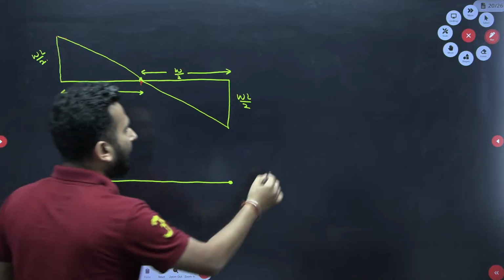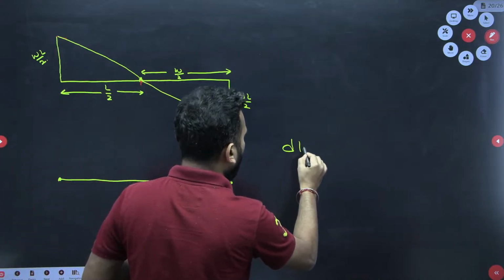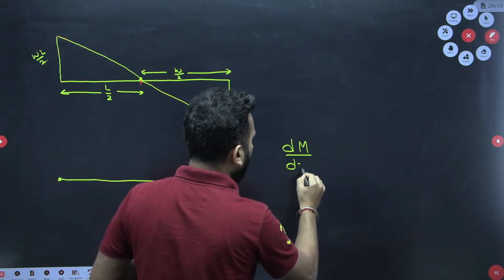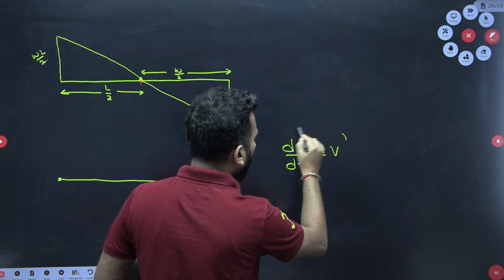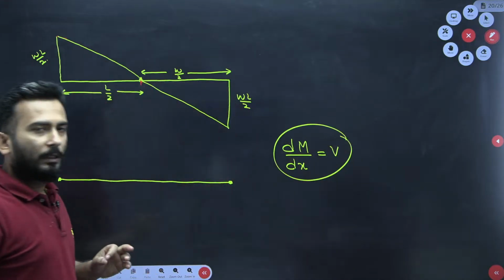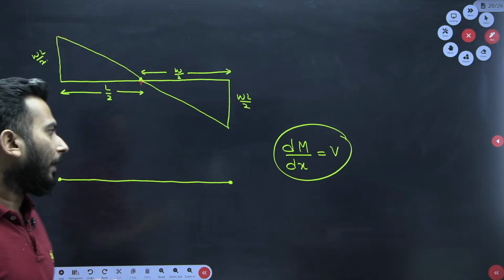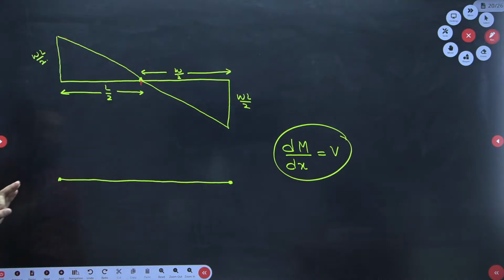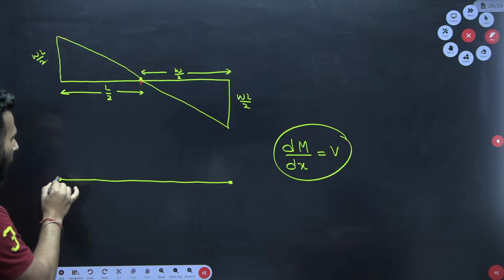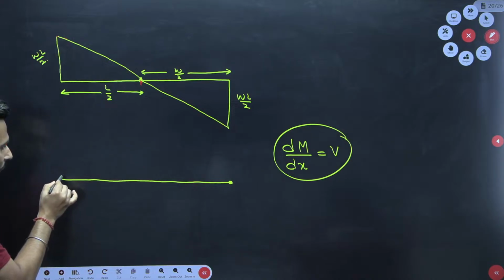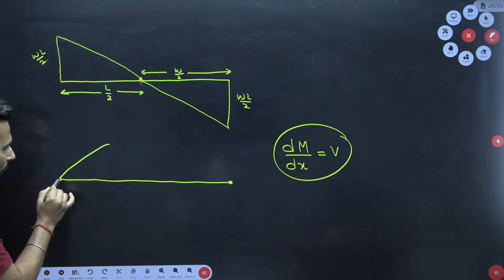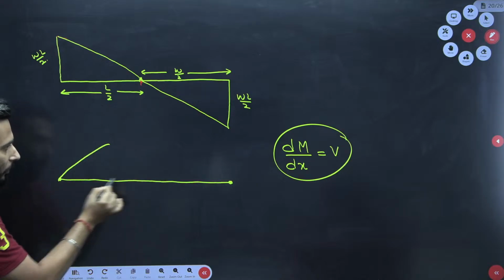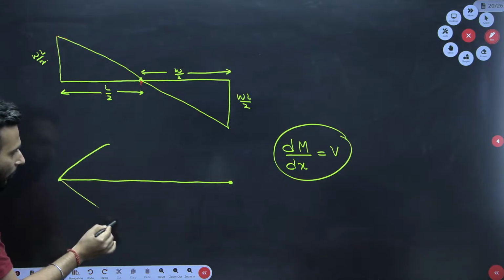And what relation am I going to use? dM by dx is equal to V. This relation I am going to use. Now my dear friends, see very carefully. From here I could have gone horizontally along the line, and I could have gone in this way.